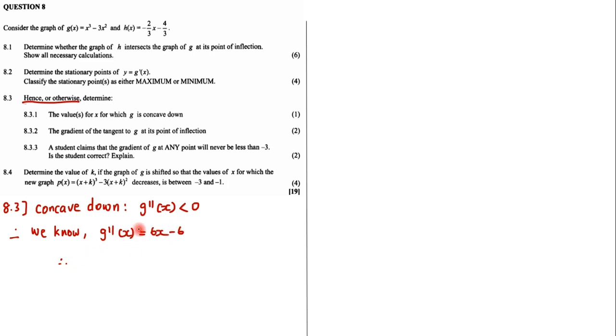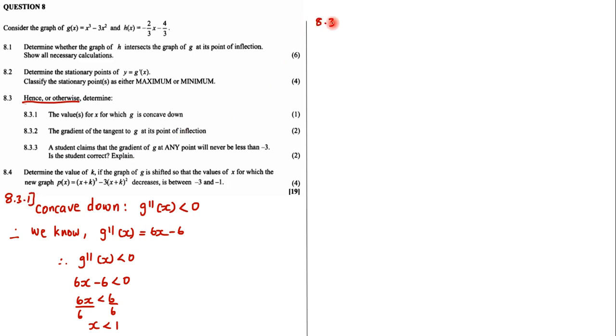Therefore, if g double prime of x is less than 0, then 6x minus 6 is less than 0. From here, we solve for x and get x is less than 1. This is the final answer where we get our concave down. This was 8.3.1, so let me write it as 8.3.1.